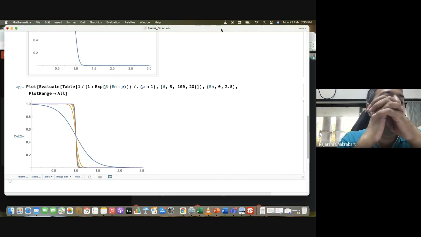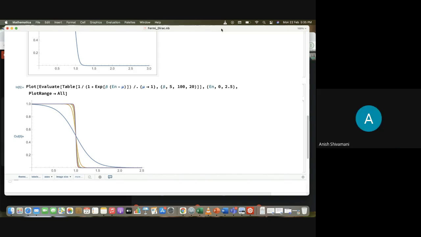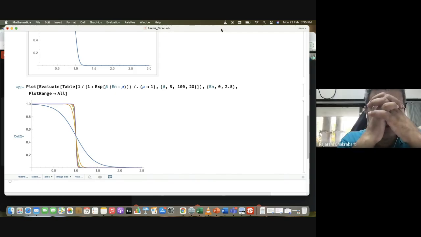But what is the Hamiltonian? That is the $1,000,000 question. What is the Hamiltonian for this Fermi system? p square over 2m if you assume a particle in a box, but I am not using this kind of formalism.